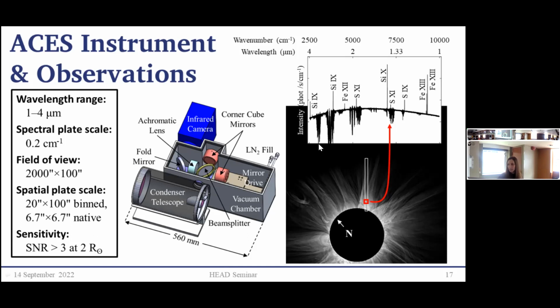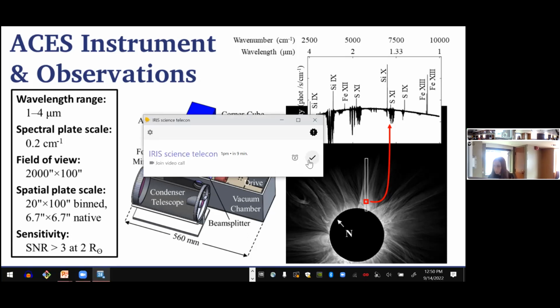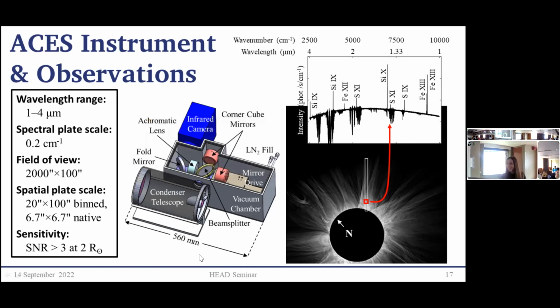And then you can get a spectrum, and we're going to at every single point along this slot field of view. So that's ACES. We're going to get context images over this larger field of view, and we'll get spectra over 100 or so pixels here, going roughly radially outward from the sun, or from the photosphere, along a coronal streamer.